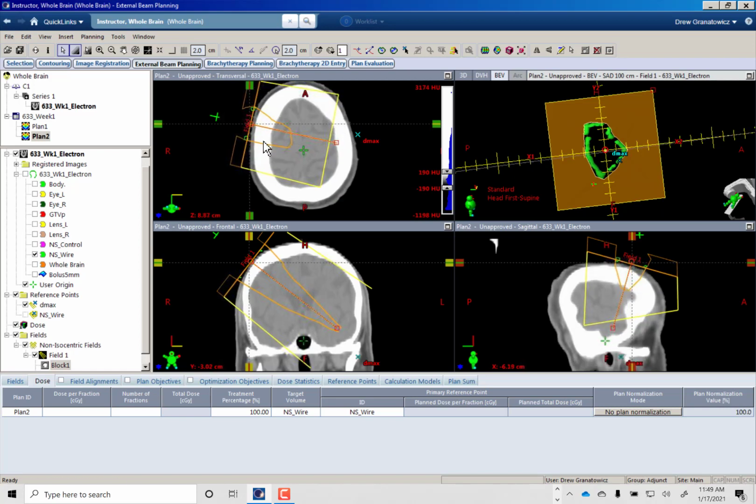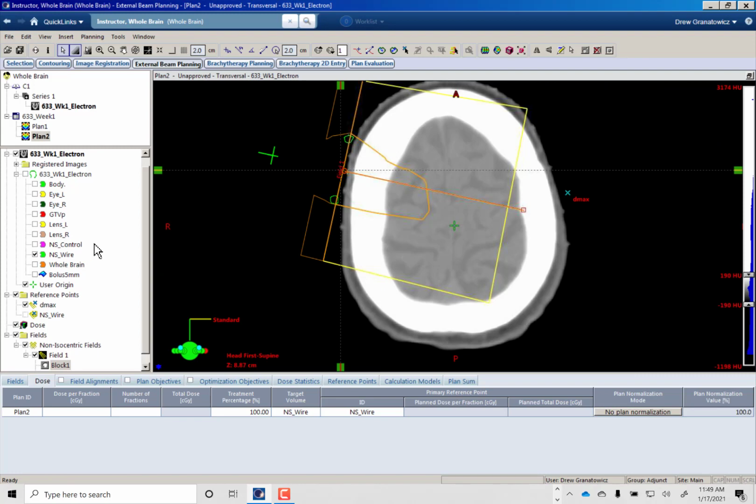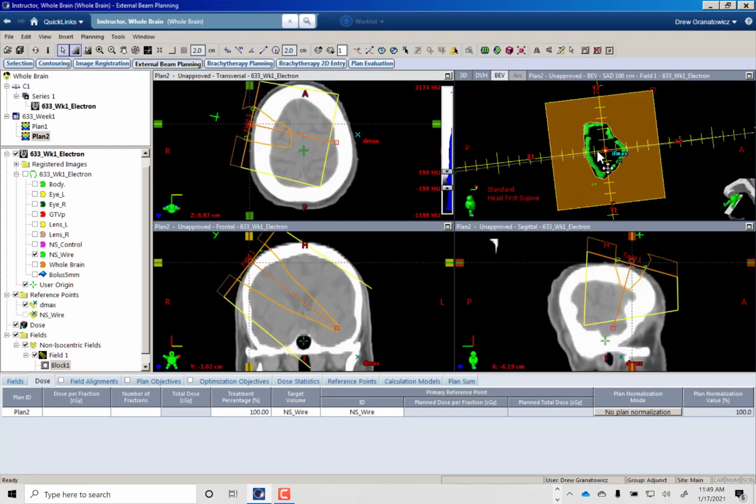Something to remember is our field size. If we use 6 MeV, we want that width to be about 3 cm. A little trick that I'll show you: you can pretty easily just look here and see if it's 3 cm wide, but sometimes it gets complicated if your shape is too abnormal.